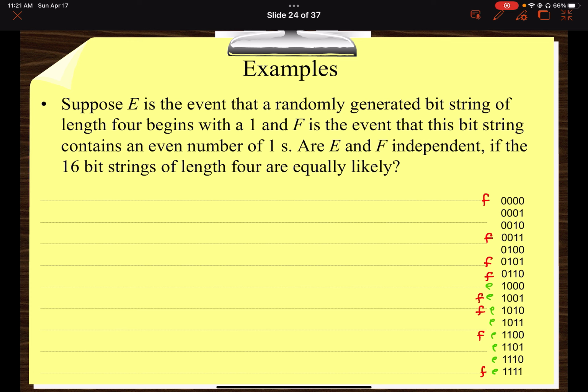The last one is 16. Okay, so these are the outcomes that belong to F.